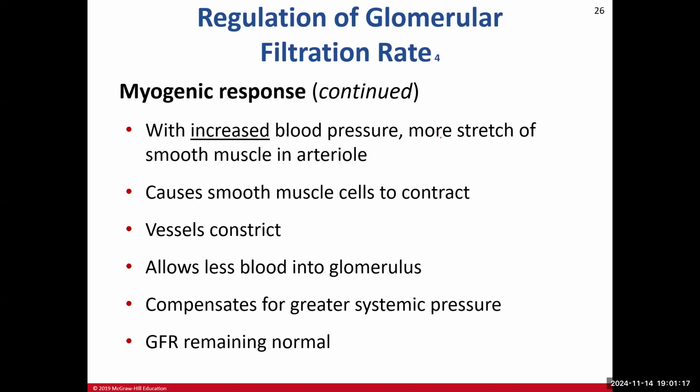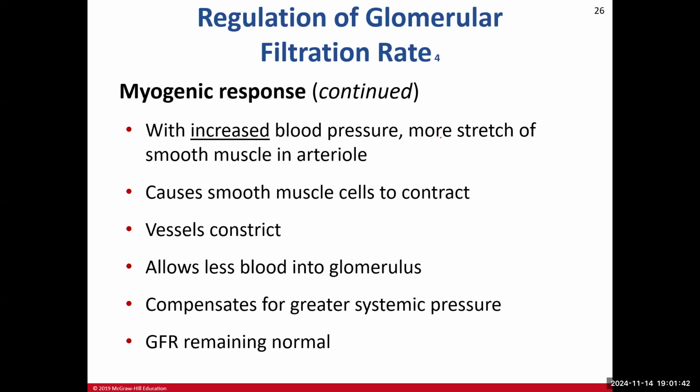So they're going to respond to that by causing vasoconstriction. That vasoconstriction from the smooth muscles is then going to decrease the flow of blood into the glomerulus, right? Because there was a sudden increase. And so, again, the final outcome is to always keep things constant.